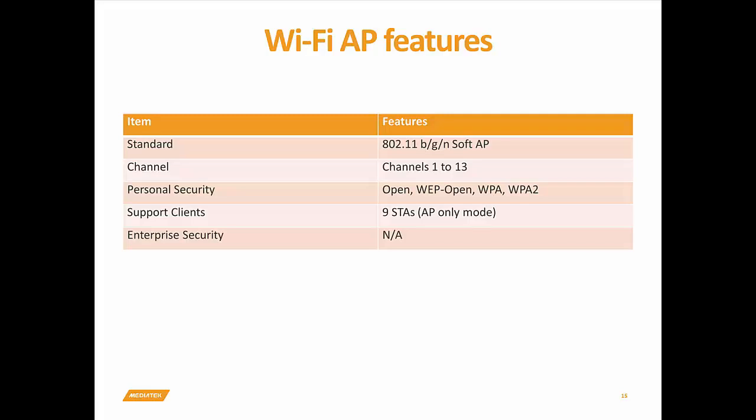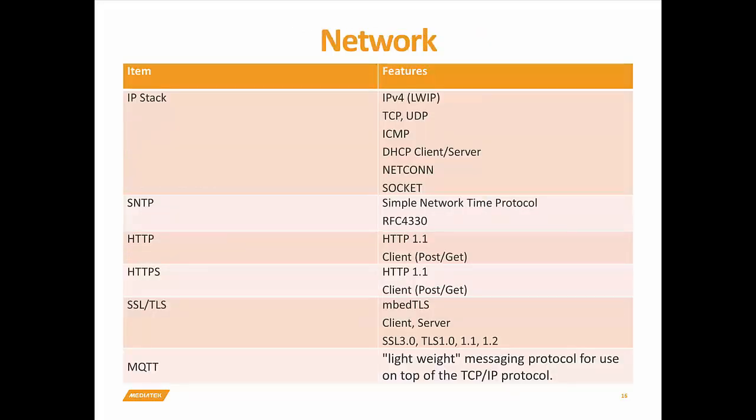In the network features, we support IP version 4, TCP, UDP, ICMP, DHCP client and server, depending on whether you're in station mode or access point mode. Netconn and sockets. We also have the Simple Network Time Protocol. We support HTTP, like HTTPS based on SSL/TLS.